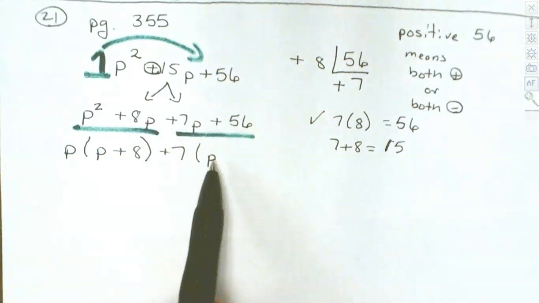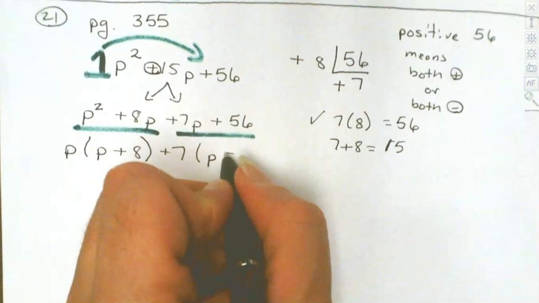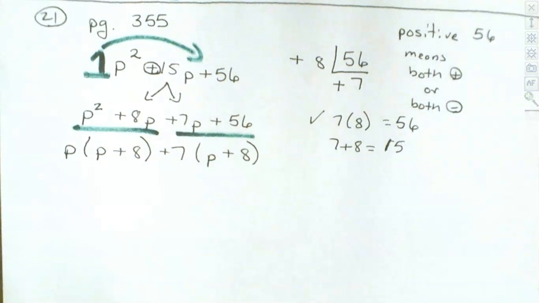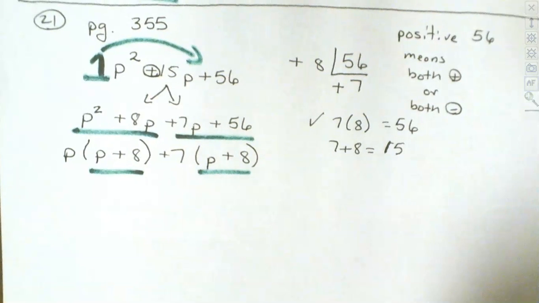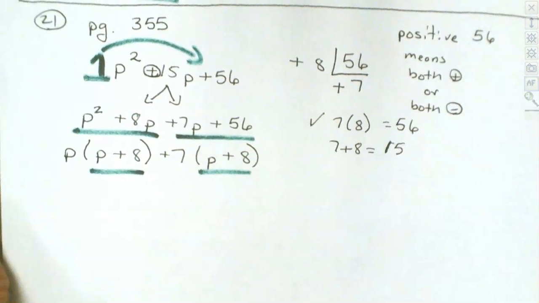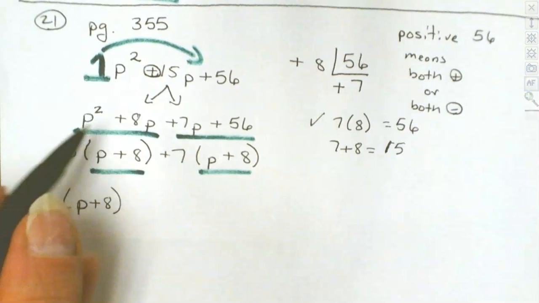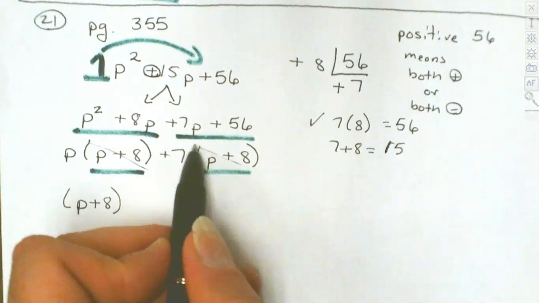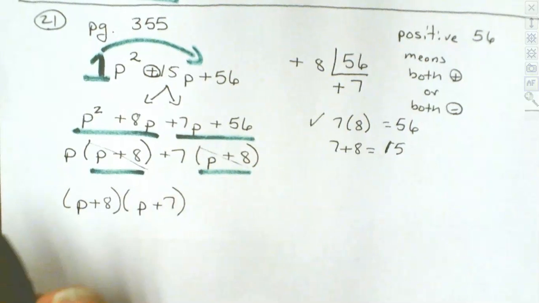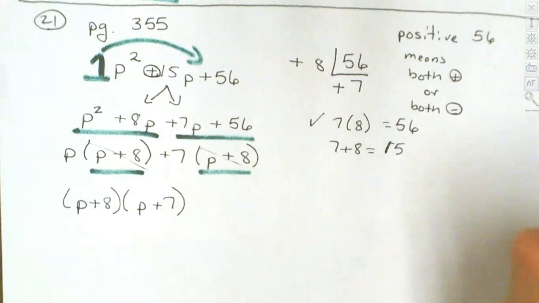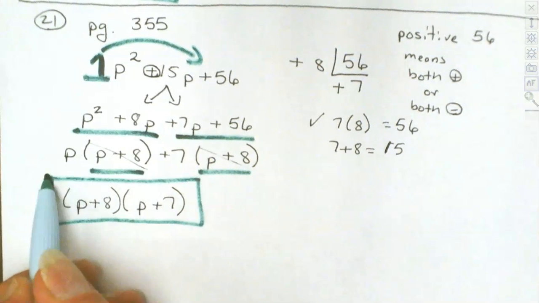That leaves you with the p, and then 56 divided by that 7 is an 8. My groupings are now the same. That's going to come down to p plus 8, gone, gone. What's left over? P plus 7. And that's your final, fully factored, finished answer.